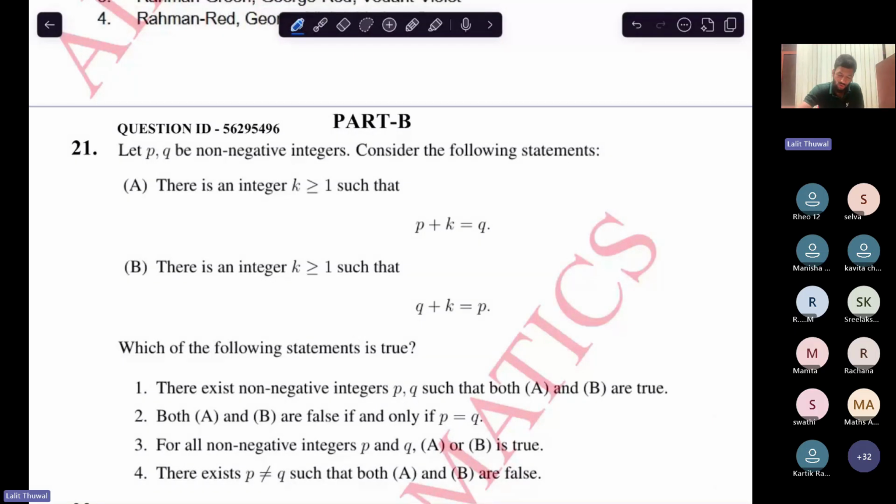So this one problem. You are given that P and Q are two non-negative integers.